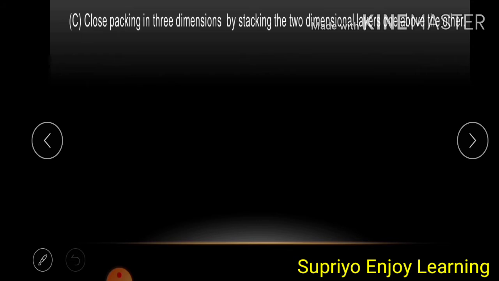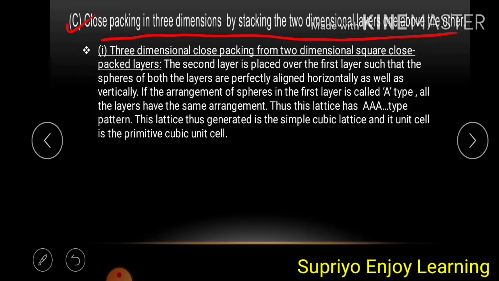Now we'll see close packing in 3 dimensions by stacking the 2-dimensional layers one above the other. This can be obtained in 2 different ways. Number 1, the 3-dimensional close packing from 2-dimensional square close packed layers.